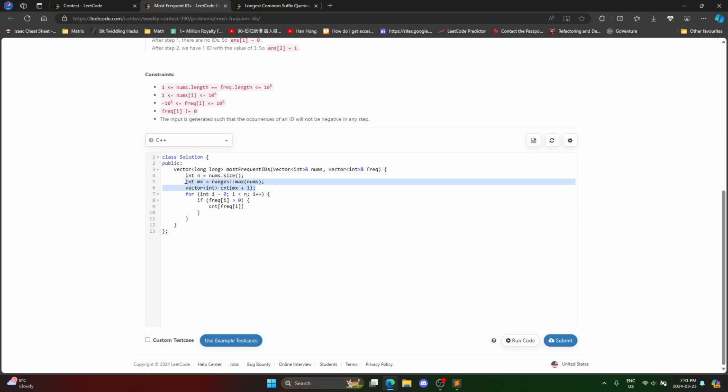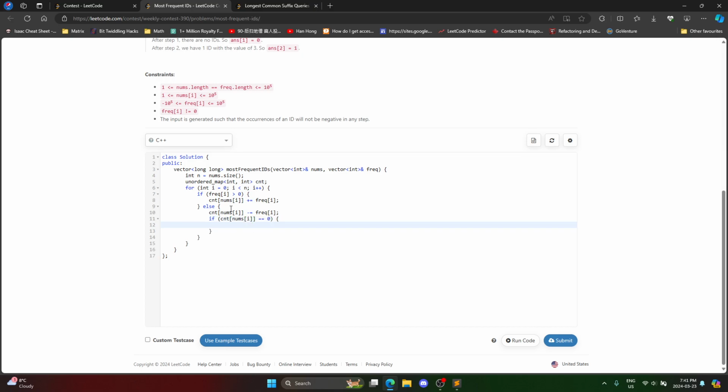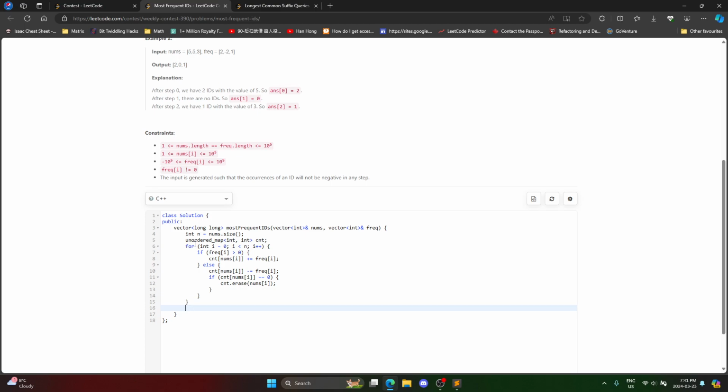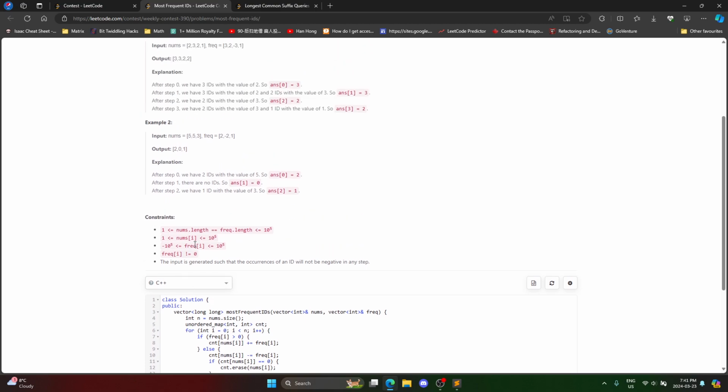Screw it, I'm just gonna be safe with a map. CNT nums I plus sigma freq of I.